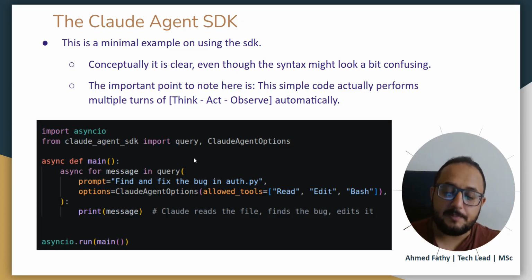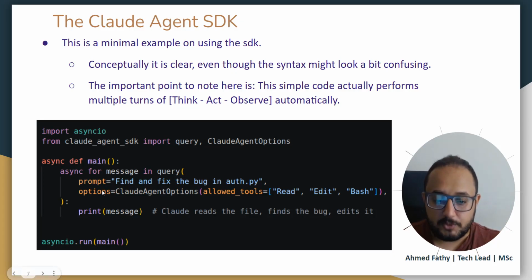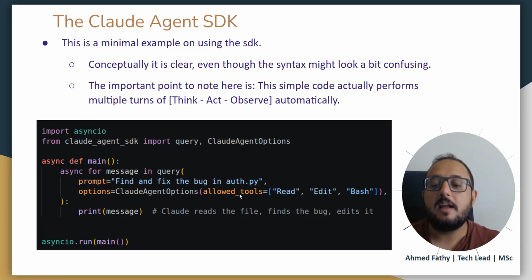The most important thing in this lecture is this query function. You use this query function all the time when you use the Claude Agent SDK. You give it a prompt like find and fix the bug in this file, and then you give it options, using Claude Agent Options that you import from the Claude Agent SDK, and then you can give it a list of allowed tools like read, edit and bash.